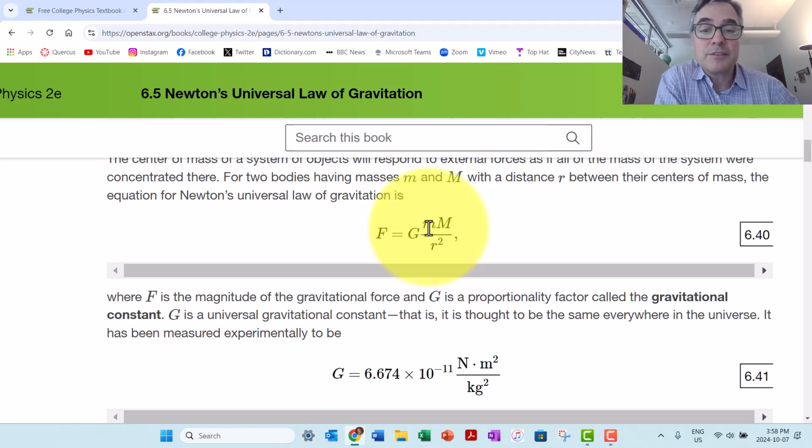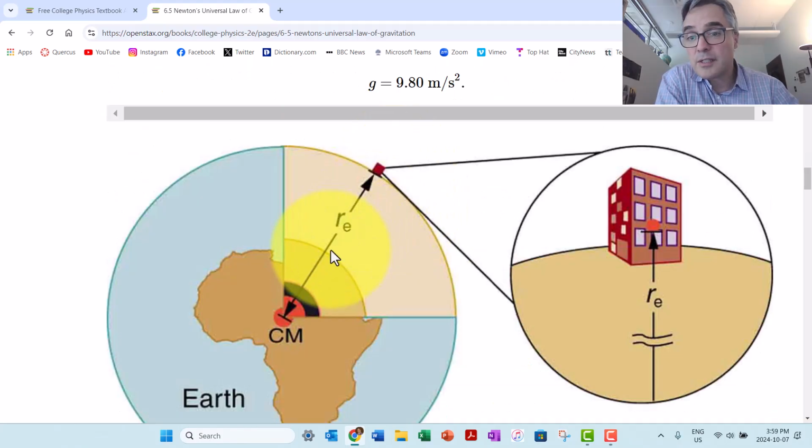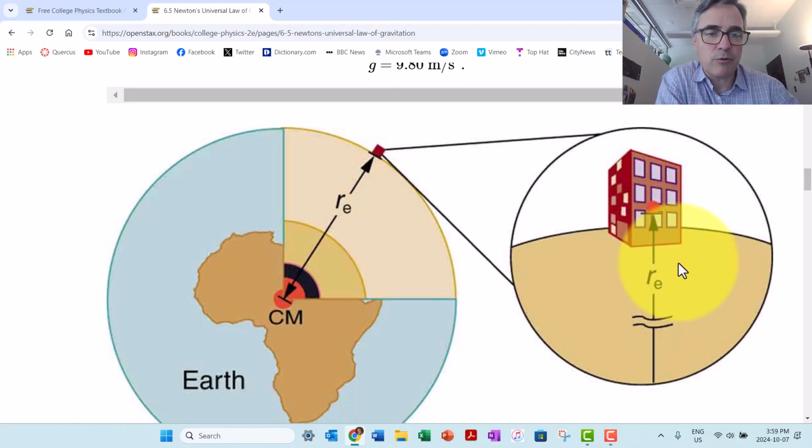When you have some little mass, little m, and you're 6,400 kilometers away from the center of the big mass of the Earth, then it'll be 9.8. You can shorten this equation as F equals little m times 9.8. And the reason it doesn't change much with r is because any little change in height doesn't much change the value of r sub e. It's always about 6,400 kilometers.